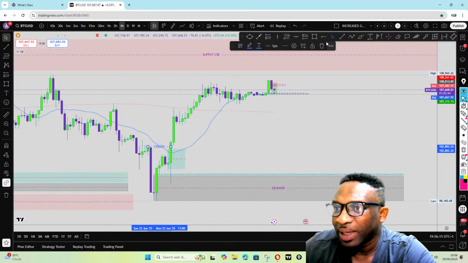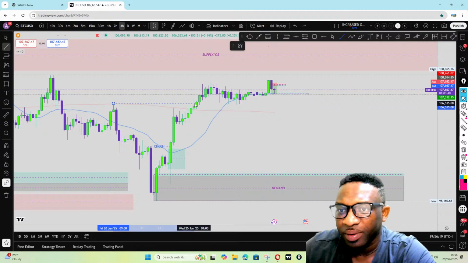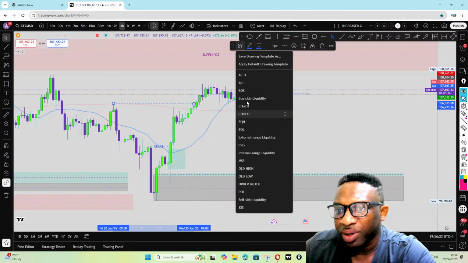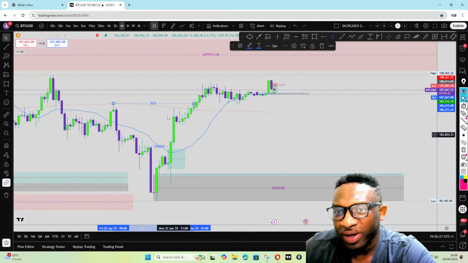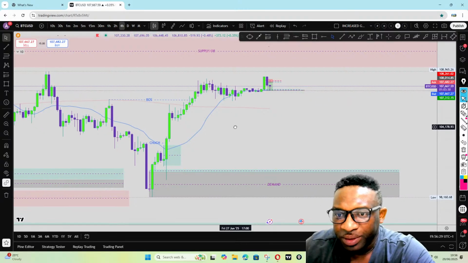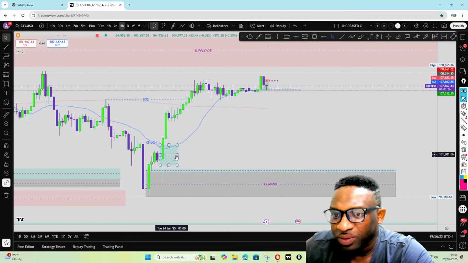Then we further had this break here, that is a break of structure. So we first had this change of character and then the break of structure here. The origin of this, we have identified to be this area.